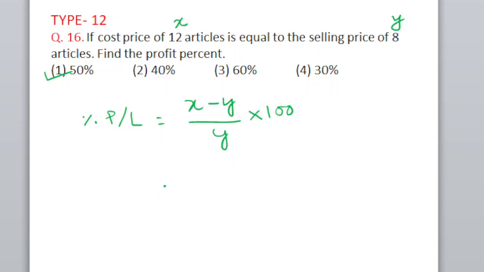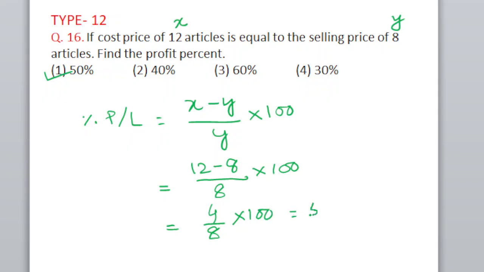So that is equal to, here X is 12, 12 minus 8 by 8 into 100. So that is equal to 4 by 8 into 100. So after solving, we will get it as 50%.